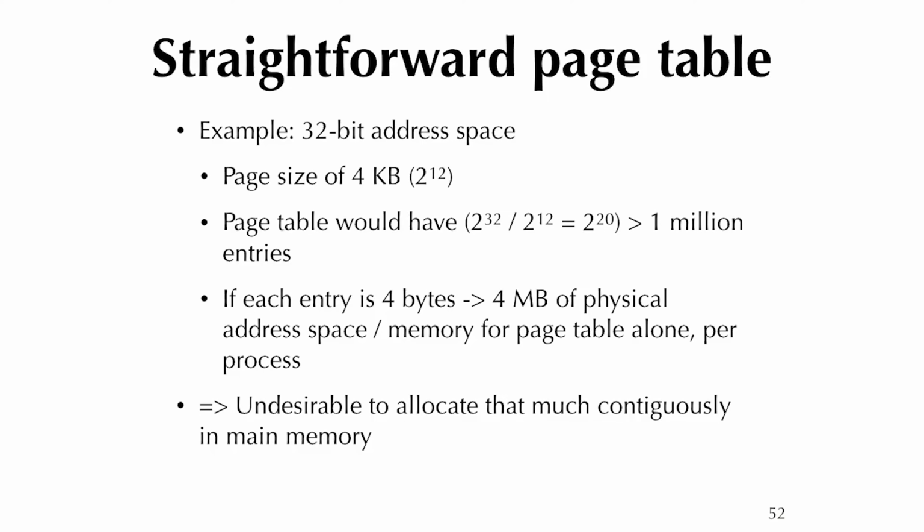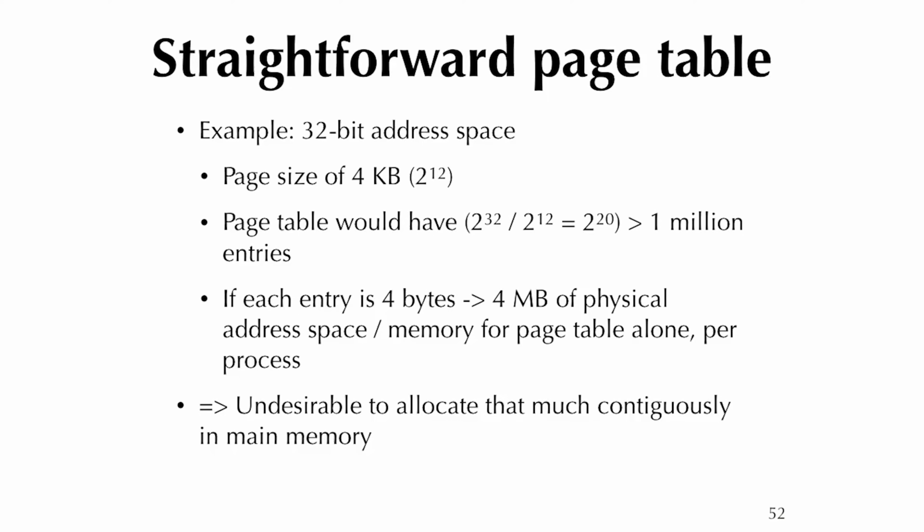And because your addresses are assumed to be byte addresses, a 32-bit address space gives you 2 to the 32 bytes. But if you have 2 to the 12 bytes per page, then how many pages do you have? Well, easy. 2 to the 32 divided by 2 to the 12, 32 minus 12, 2 to the 20, right?